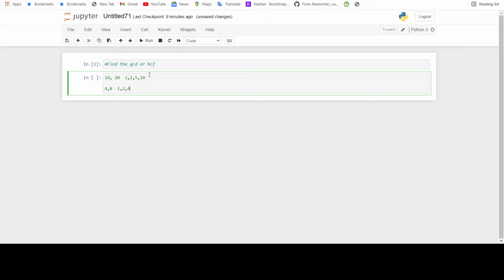But what is the common factor? Here the common factor is 4. The highest number that divides both the numbers is the greatest common factor.